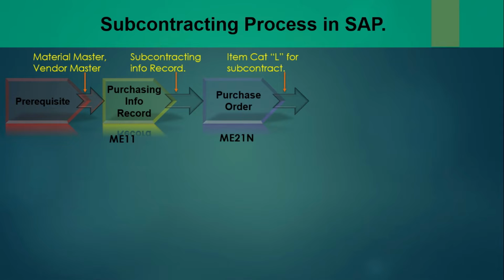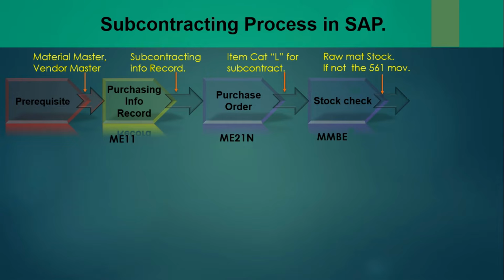Then we create a PO, purchase order, with subcontracting item category L. But while maintaining that PO, we provide the raw material in components or subcomponents, or maybe we can explore the BOM, that is bill of material.